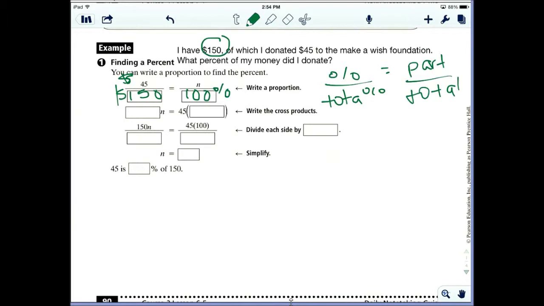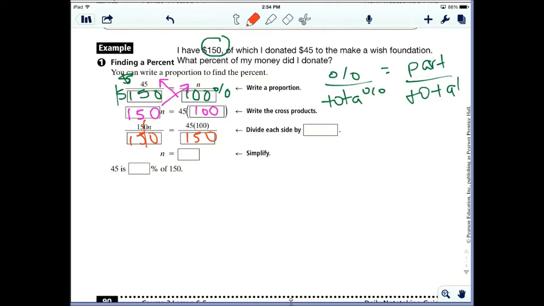So from here, again, we can cross multiply. So here we would have 100 times 45, so I'm going to write that here, and 150 times n. Okay, and then from here I can ask myself, how do I get rid of that 150? The way to do that would be to divide both sides by 150.